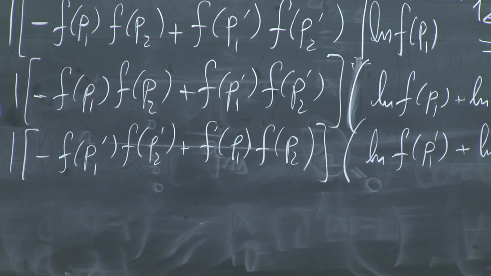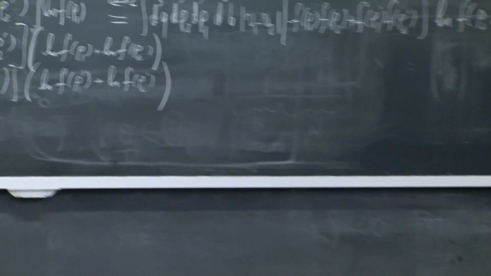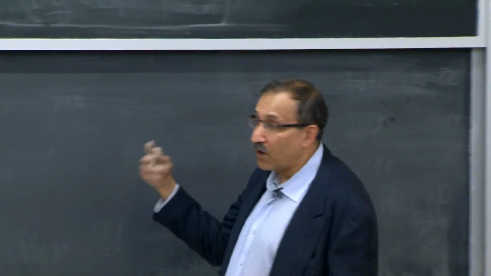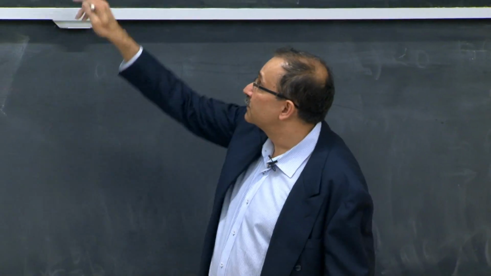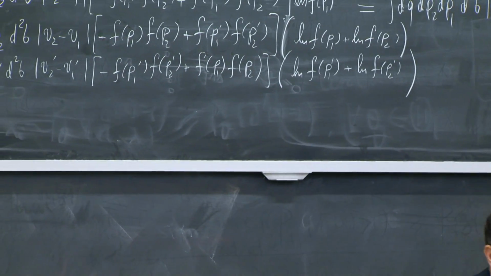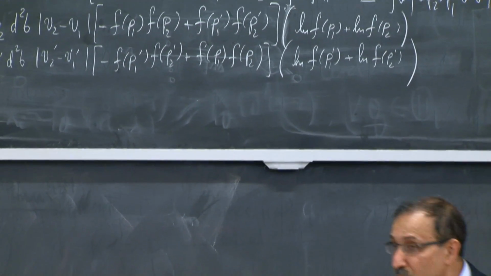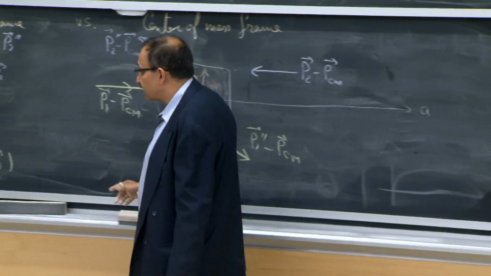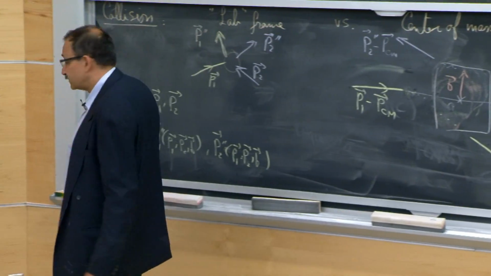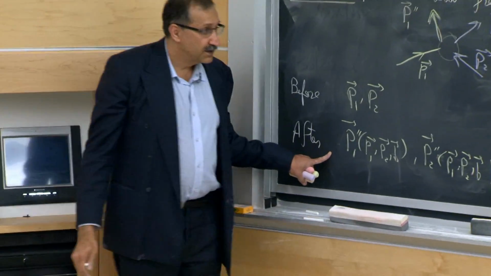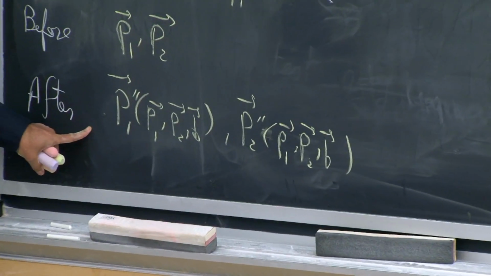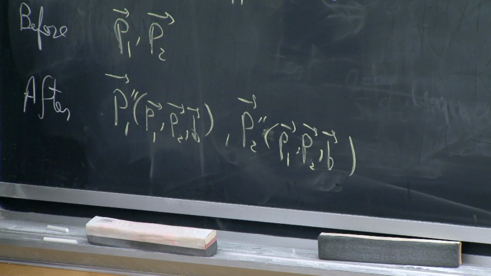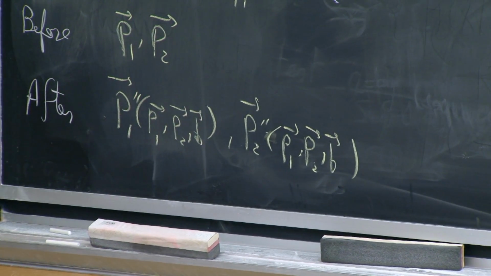So there was not symmetry at the level that I have written between 1 and 2, which are integration variables, and 1 prime and 2 prime, which are the quantities that through the collision operator are related to p1 and p2. So essentially, p1 prime and p2 prime are the kind of functions that we have written here.